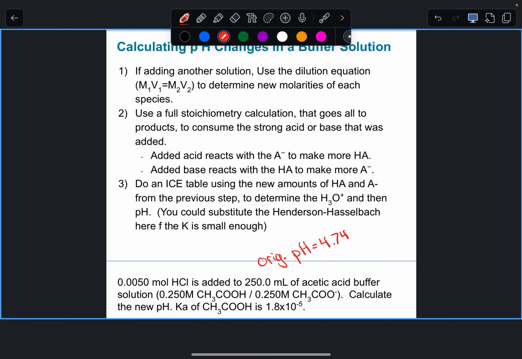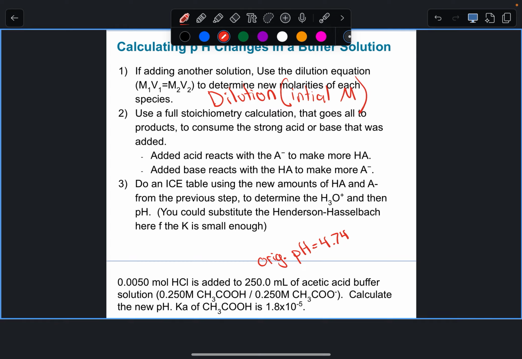I talk about them as the dilution step. The other way you can think about this is finding out the initial amounts. In fact, let's say initial molarities.